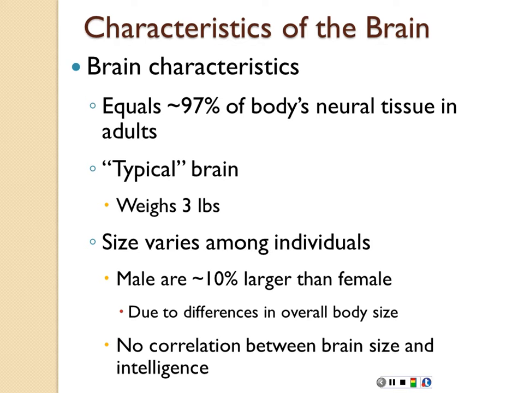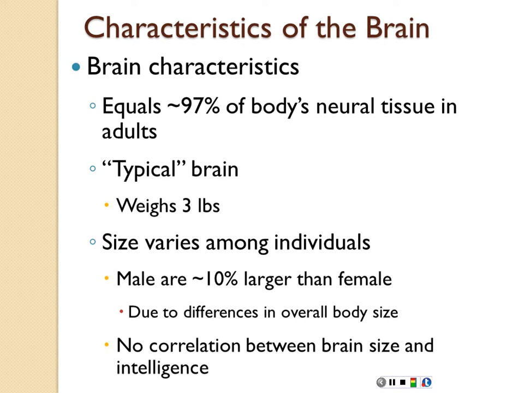So structurally, first of all, you know where the brain is located, right? In relation to the spinal cord, it's the most superior portion of the central nervous system. The brain equals about 97% of the body's neural tissue in adults.